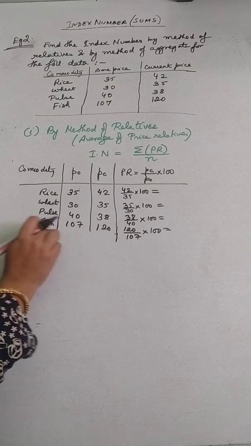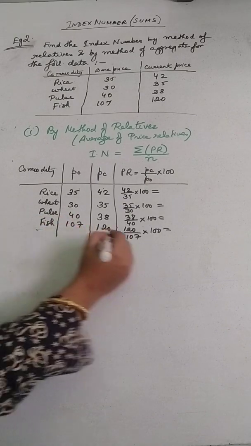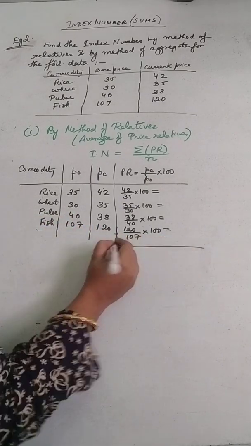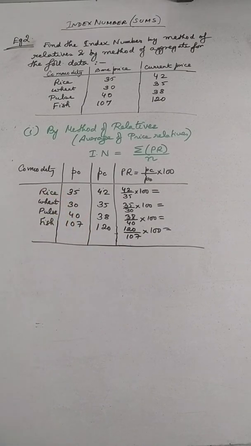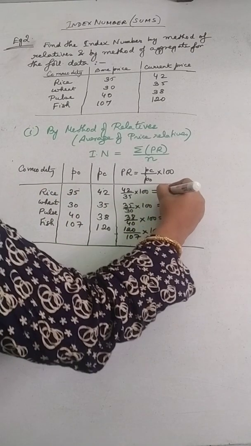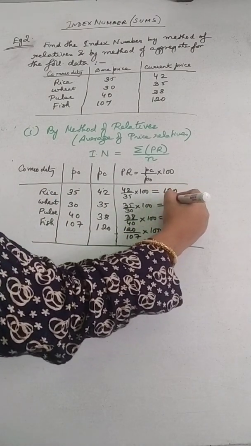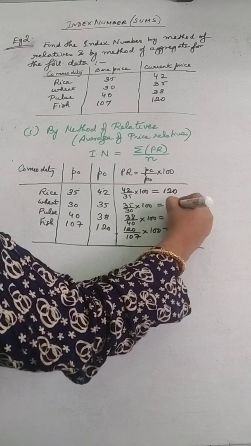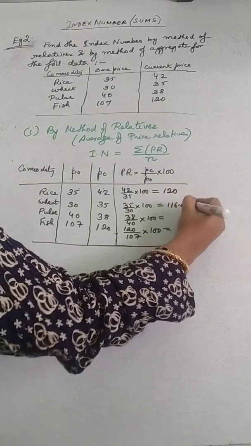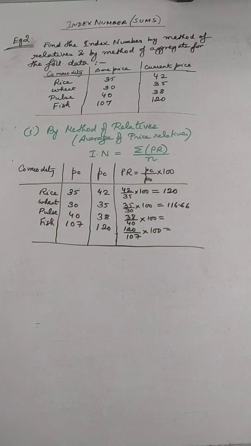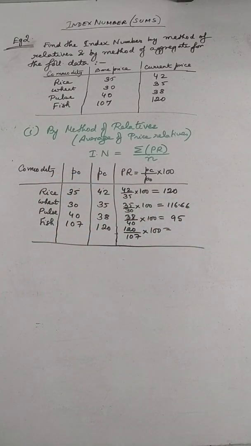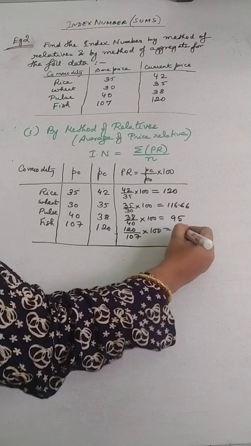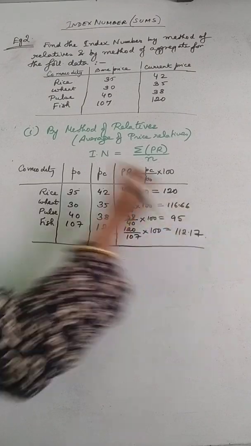So what is it giving me? What are the values therefore? 42 by 35 into 100 will give you 120. 35 by 30 into 100 will give you 116.66. 38 by 40 into 100 will give you 95. 120 by 107 into 100 will give you 112.17.